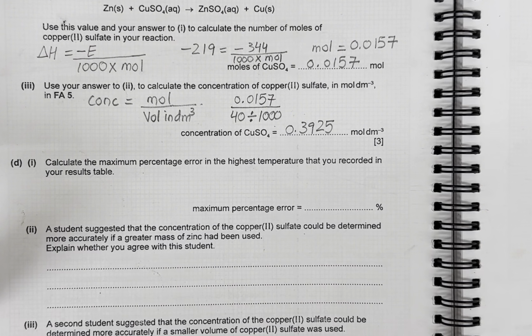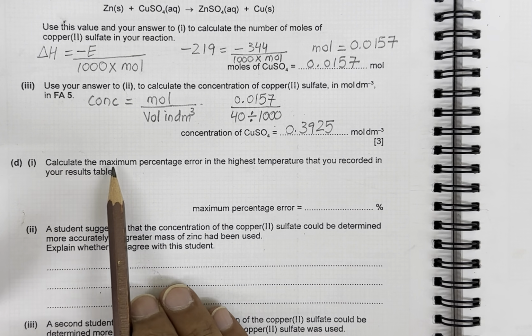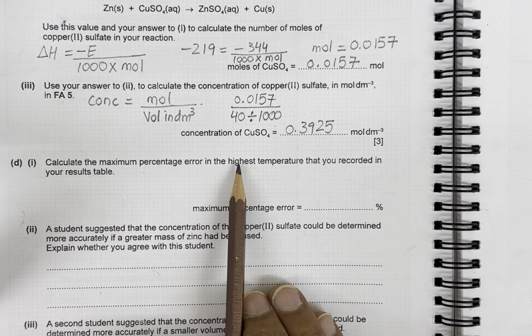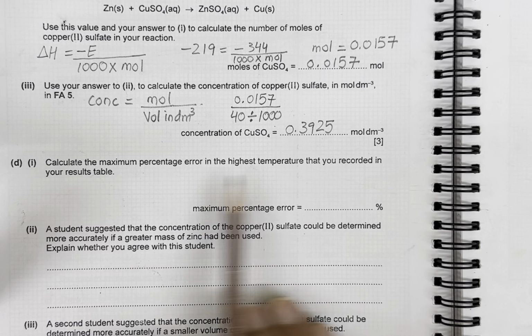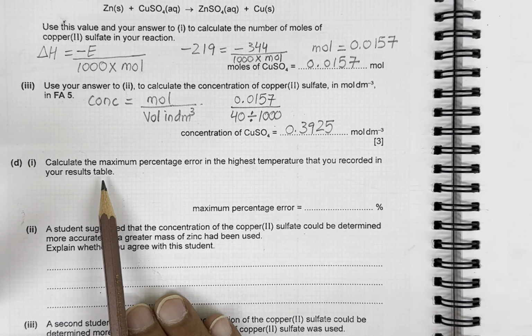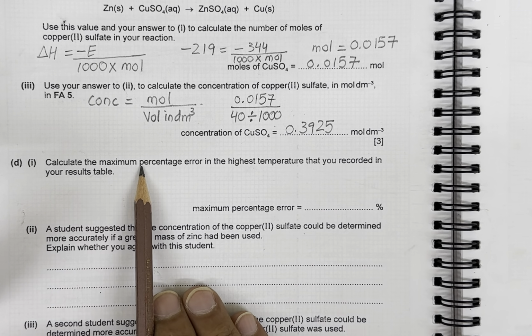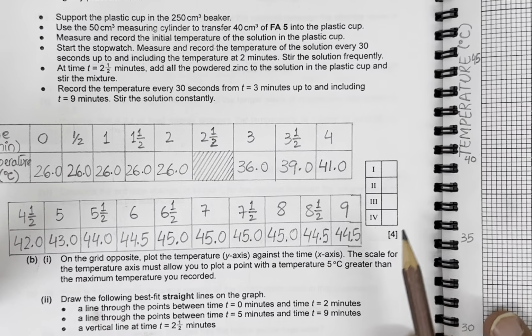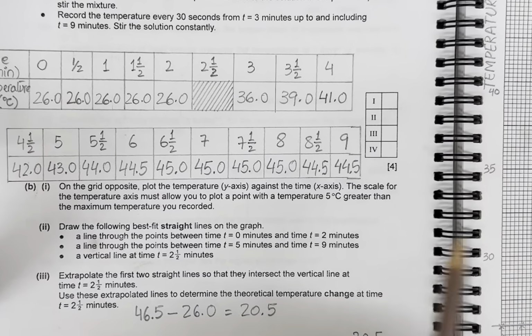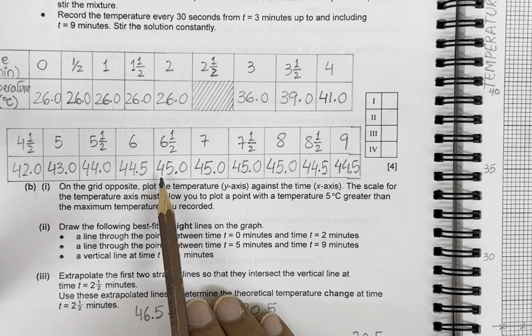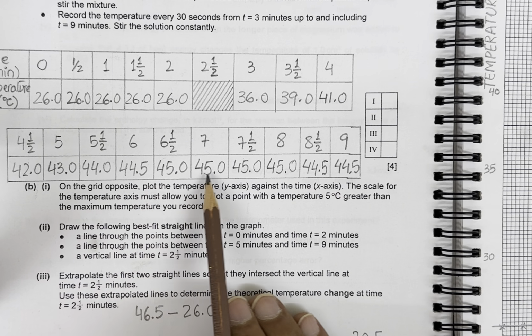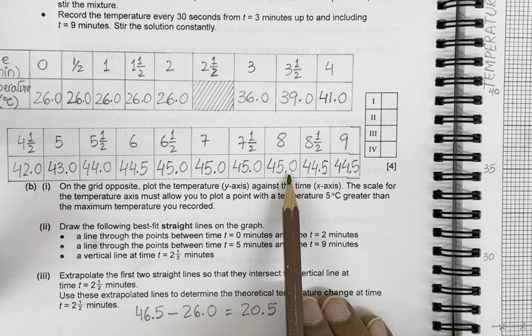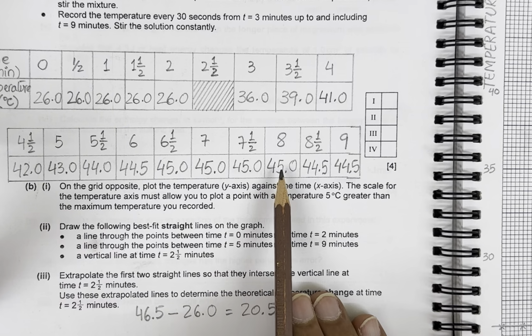The next part says calculate the maximum percentage error in the highest temperature that you recorded in your results table. Now, the maximum temperature recorded in the previous table was actually 45, which was consistent from 6.5 minutes till 8 minutes. So this was the maximum temperature we have recorded.